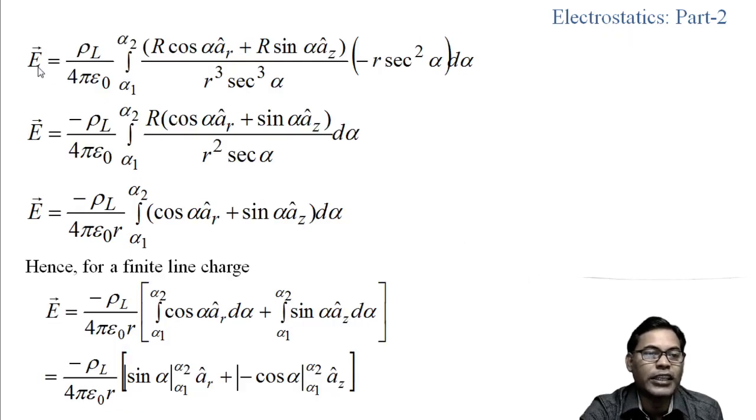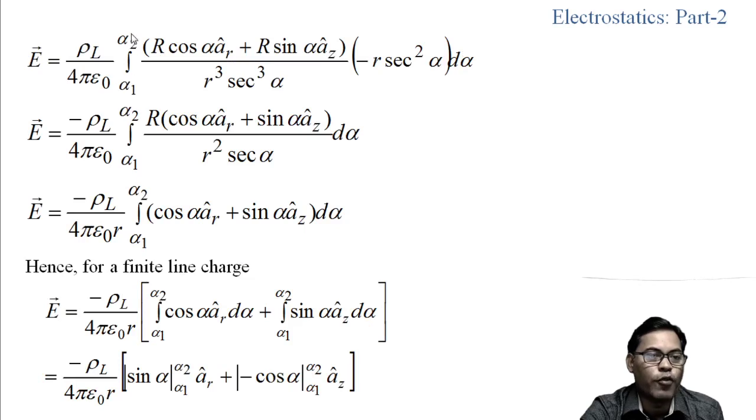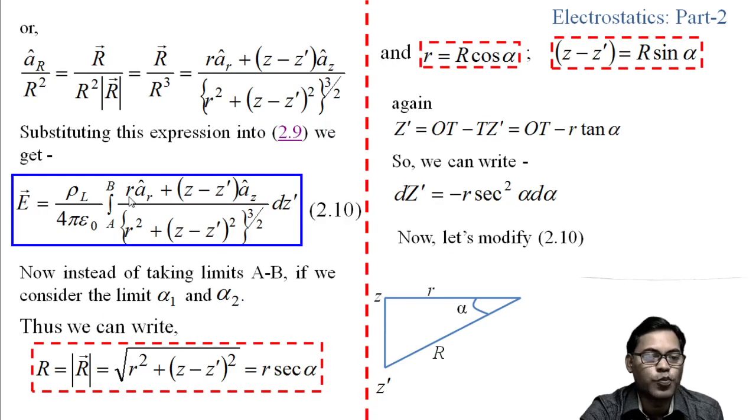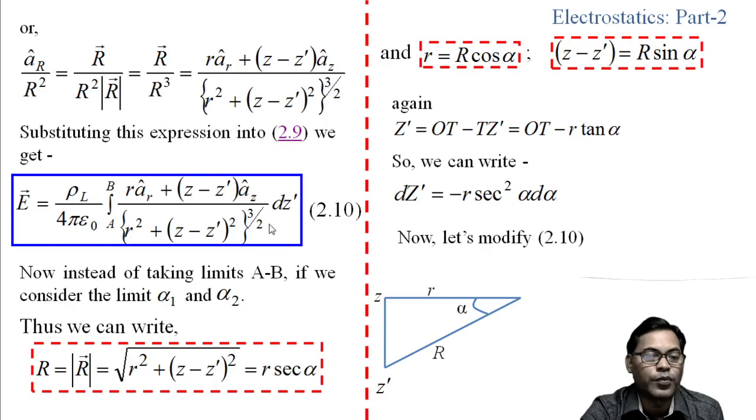You see that E equals rho L by 4 pi epsilon naught, that is constant. And now the limit is changed because we have now considered the limit alpha 1 to alpha 2. Now you see that small r means capital R cos alpha AR. And z minus z prime means capital R sin alpha Az.